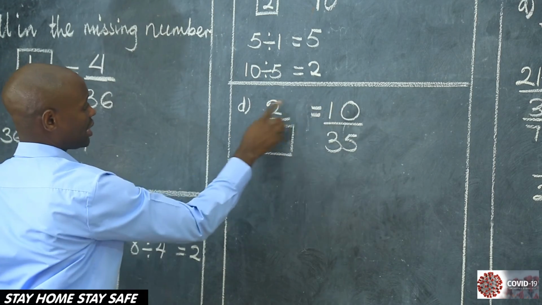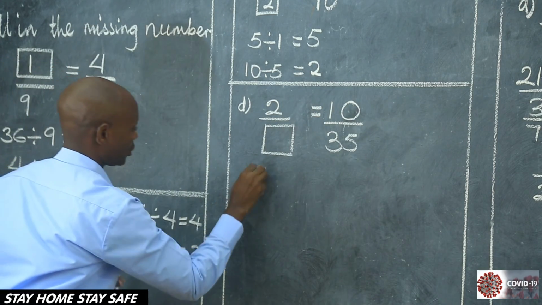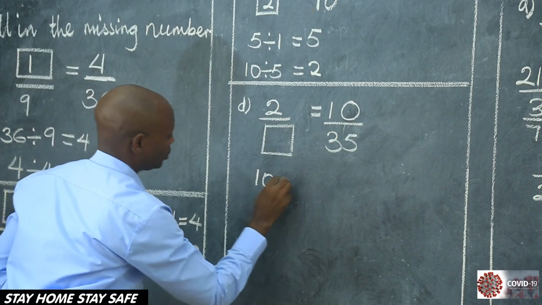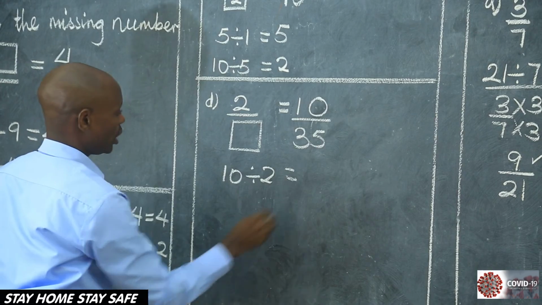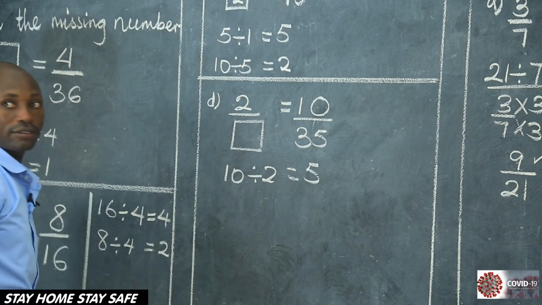So we are comparing the numerators. We shall get 10. We divide it by 2, and this one is going to give you 5.